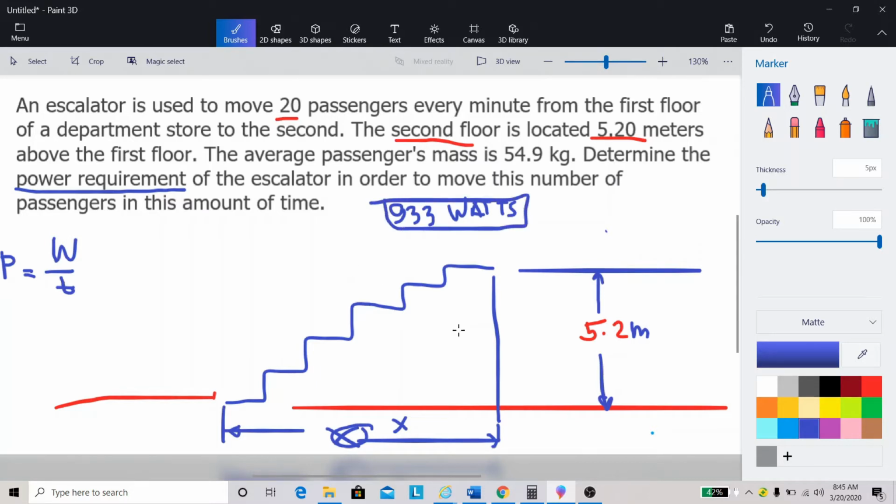Okay, of course, we are given the weight or the mass. So that mass must be multiplied by gravity. So you will have the force of gravity or the weight. Eh kapag may force of gravity ka na, multiply mo sa displacement. So if you have force multiplied by the displacement, you will have the work.